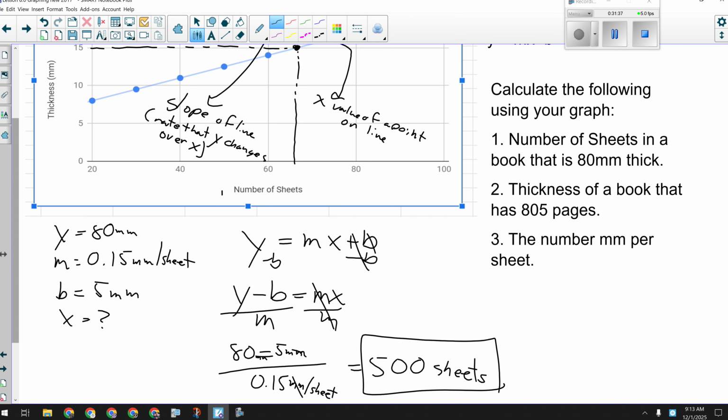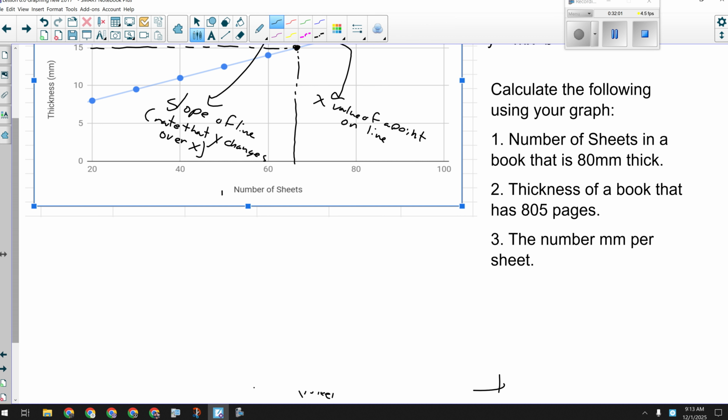Let's try number 2. Number 2 wants us to find out how thick a book with 805 pages would be. Okay, so thickness is on which axis?